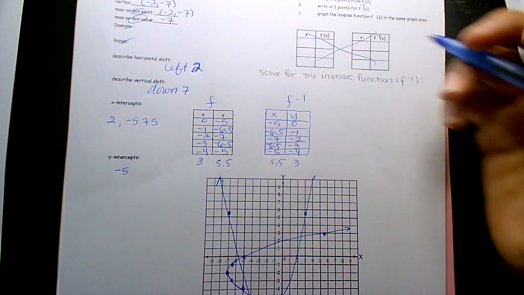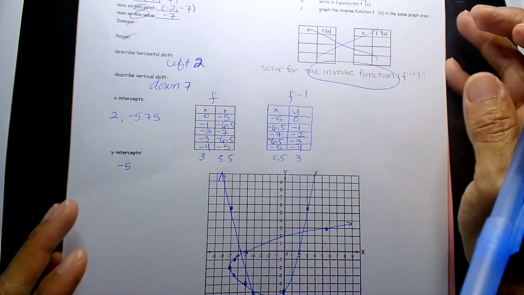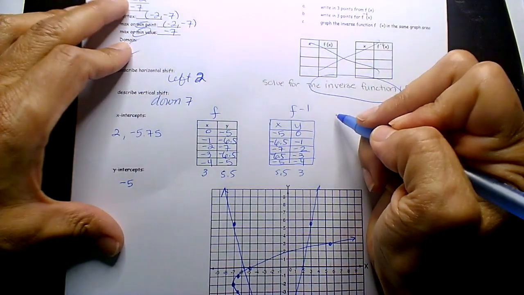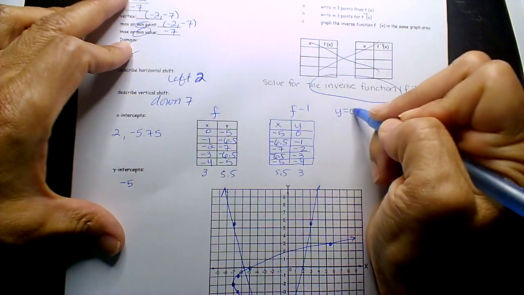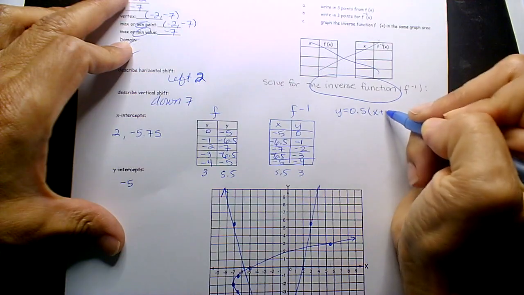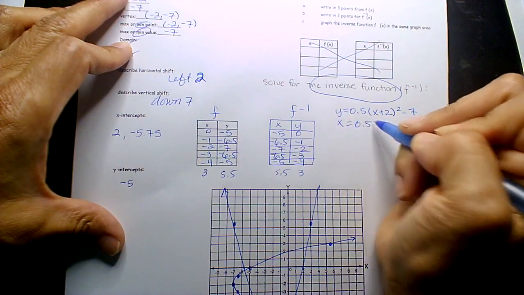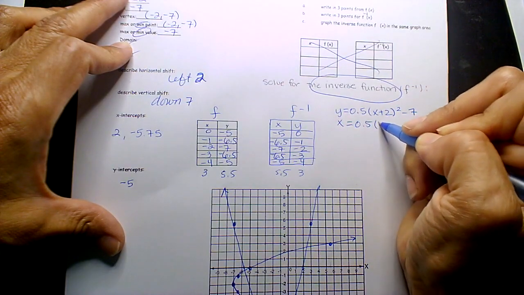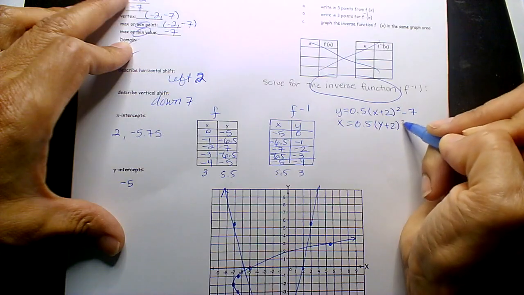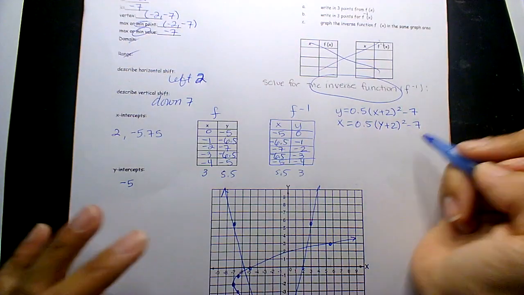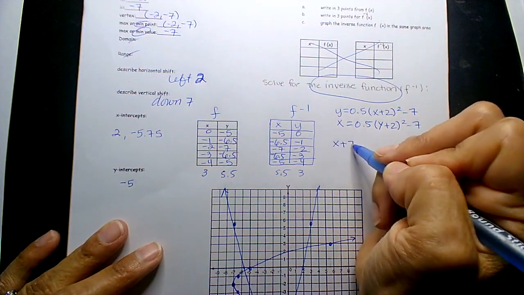Okay, you had to solve for the inverse function, just like your quizzes. Any mistakes that were made were essentially positives and negatives, so you guys know what you're doing. Take the 7 over, so x plus 7.